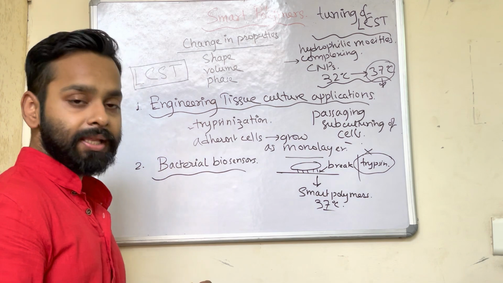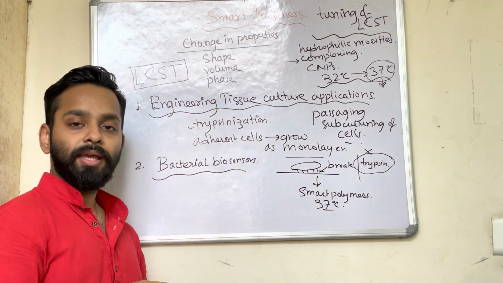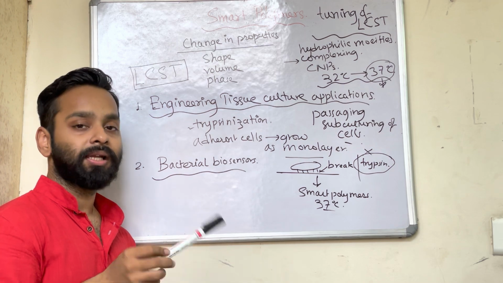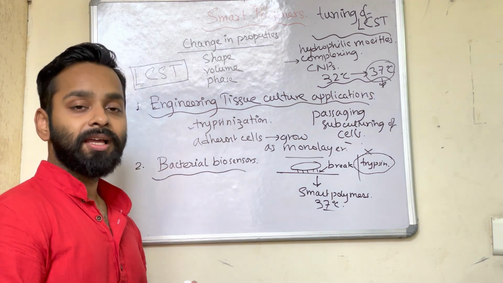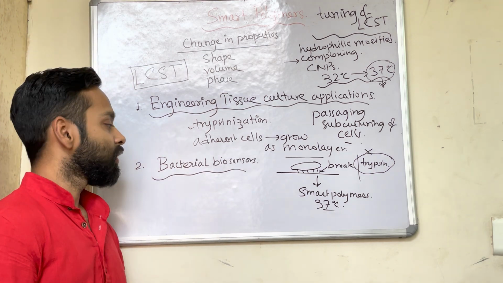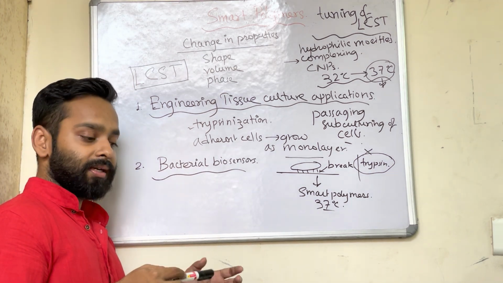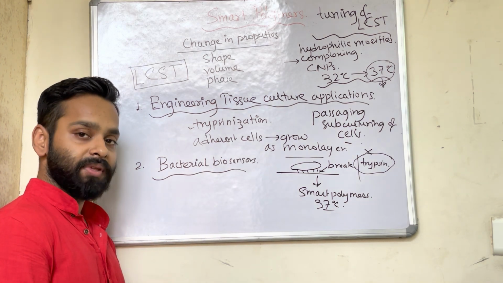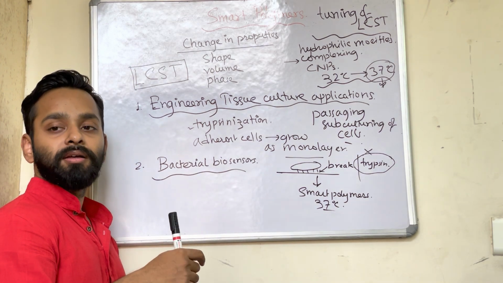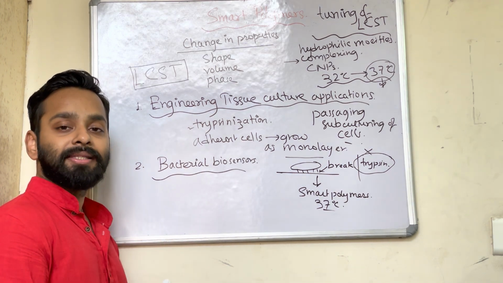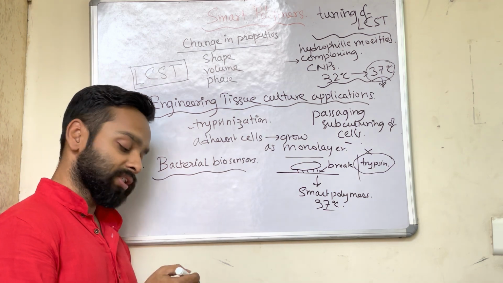A biological sensor or biosensor is a device which is used to detect any biological analyte. Bacterial biosensors can be fabricated using smart polymers such as PNIPAm. If we have a surface on which a layer of PNIPAm is introduced, at room temperature it will exist as a solid state.